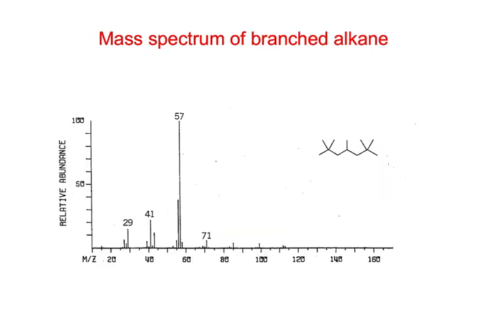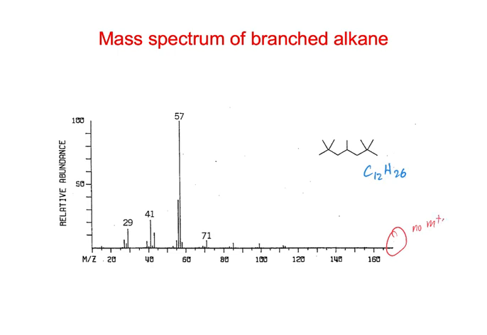All right, so if we have a branched alkane, we see something very different. First off, I think this one still has the same formula. First off, we see no molecular ion.